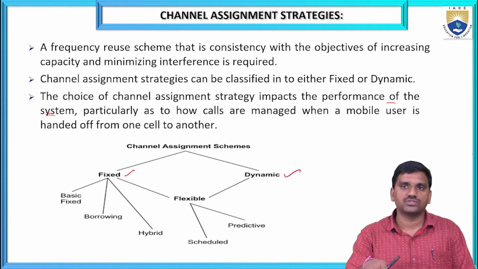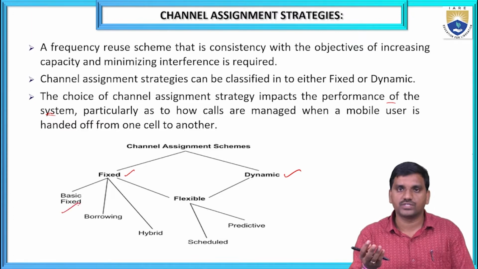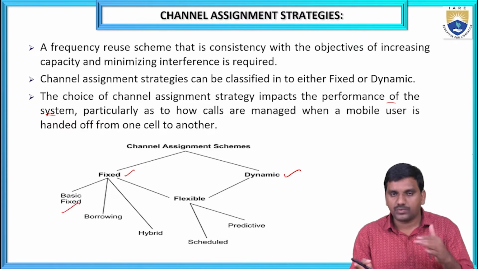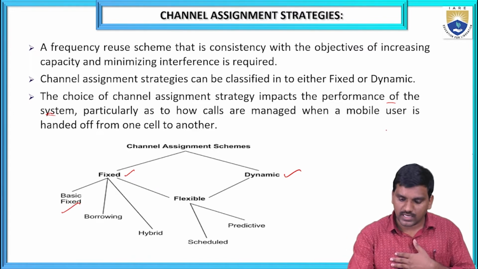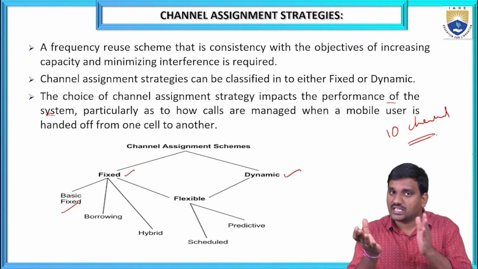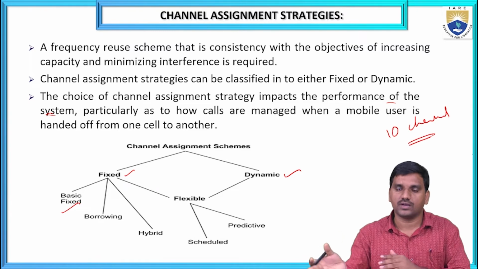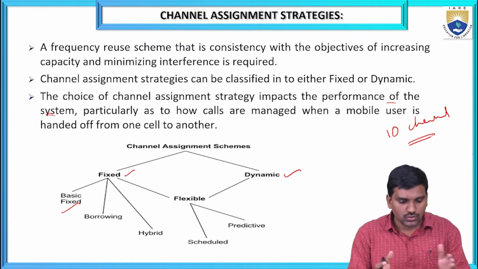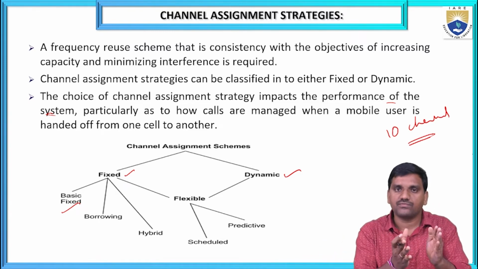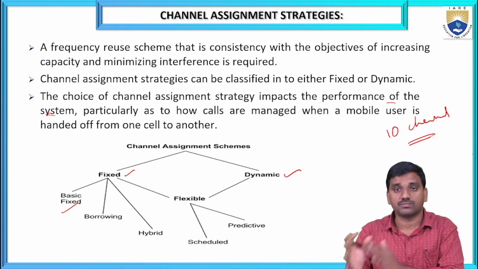Again, fixed channel assignment is fixed based. For example, I assign only 10 channels for a particular subscriber. Within that, the subscriber may use the channels for their requirement. So N number of channels are fixed for a particular user, a particular subscriber.